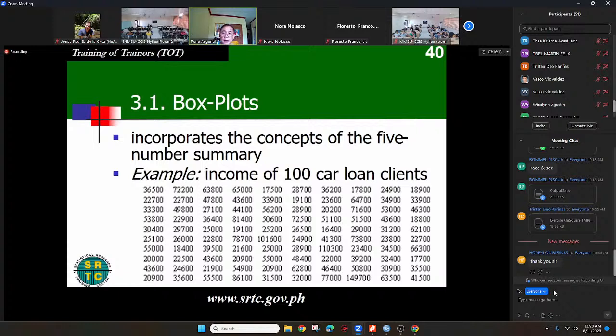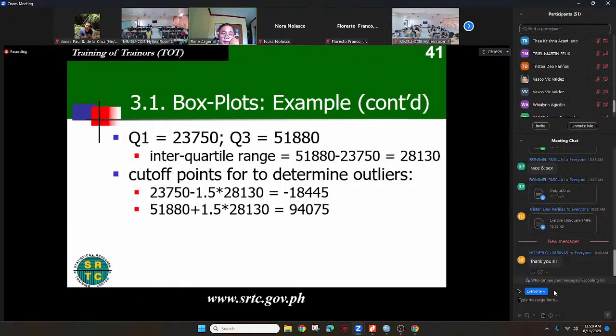So if we have this data set, if we are going to compute for the 5-number summary, of course, we can just request that in IBM SPSS. Anyway, we will compute for Q1 and Q3.